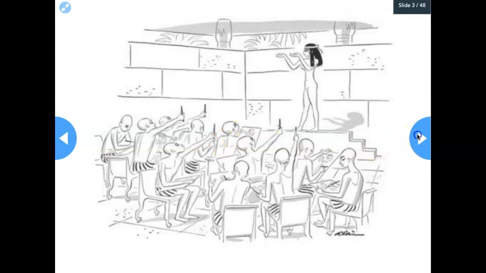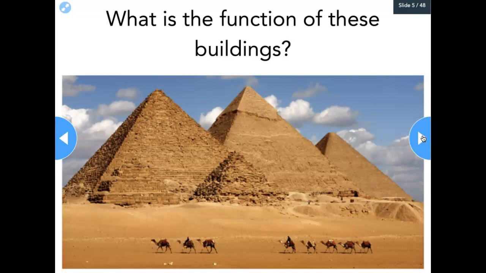The other thing that you guys need to think about and remember is that all art that we look at, all Egyptian art, is what we call funerary art. So if you look at these pyramids, what is the function of these buildings? Does anyone know? Think about what is the function of these buildings. Well, they're tombs. That's all they are. They're tombs.